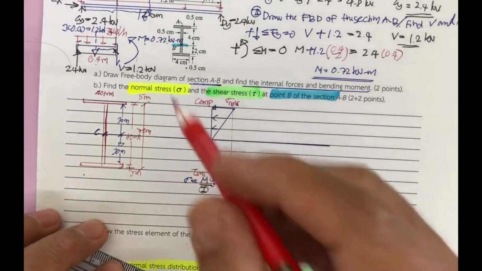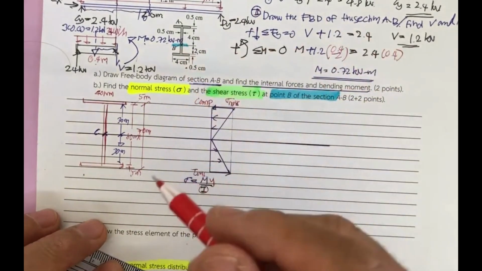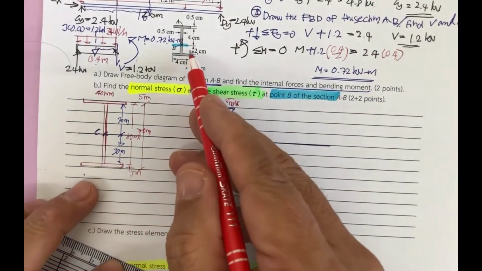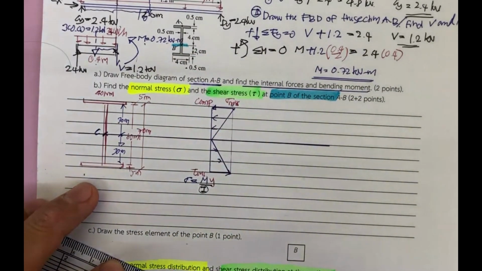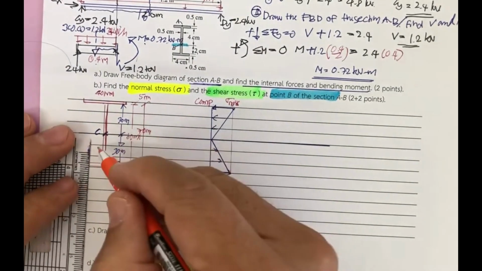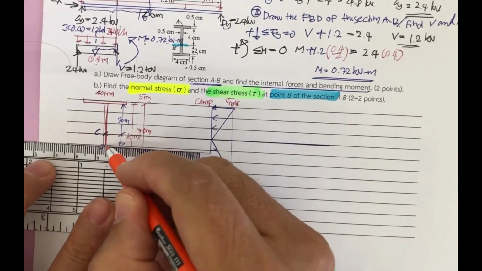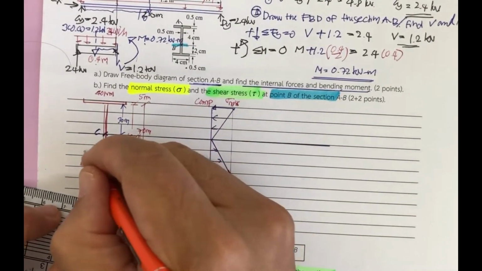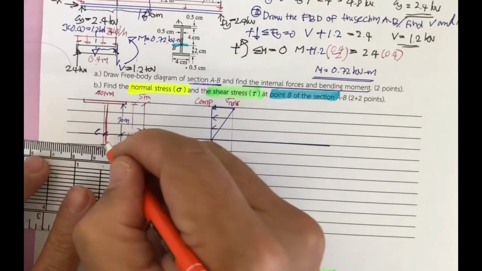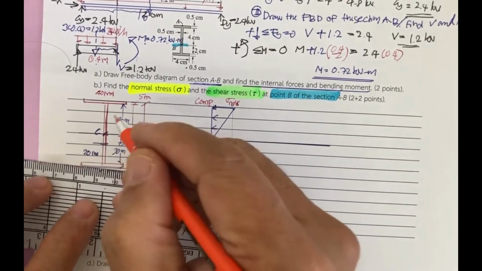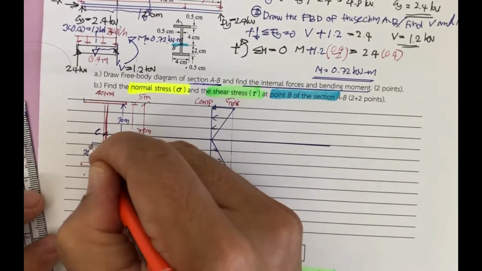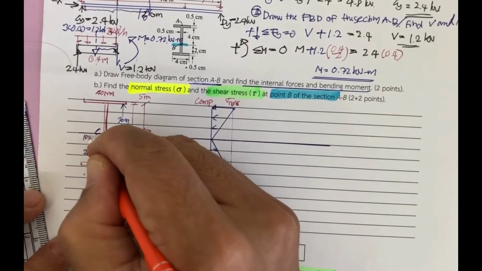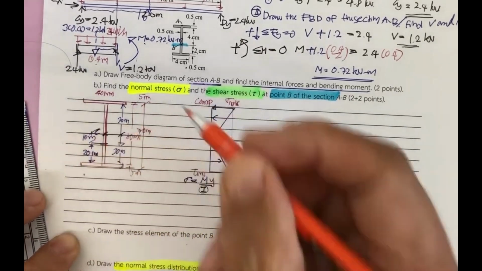Okay, and then the B is what? The B is 20 millimeter. That means if this is 30 millimeter, the B is somewhere here, 20 millimeter measured from this one. That means the top portion is 10 millimeter.